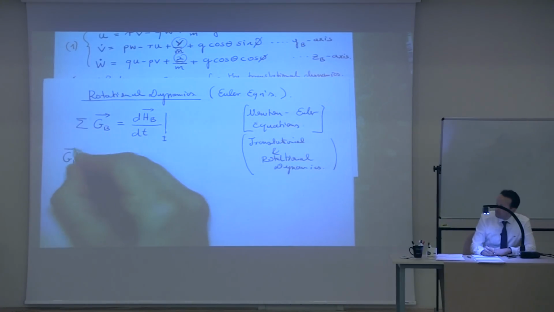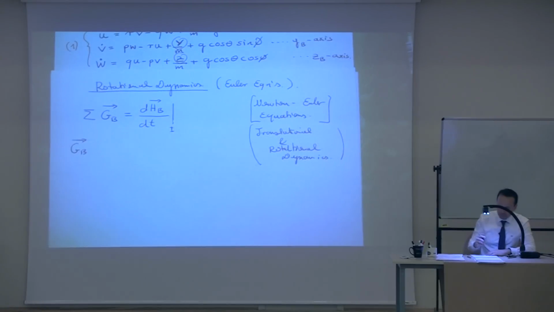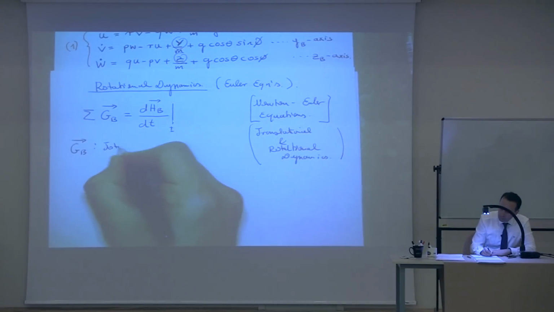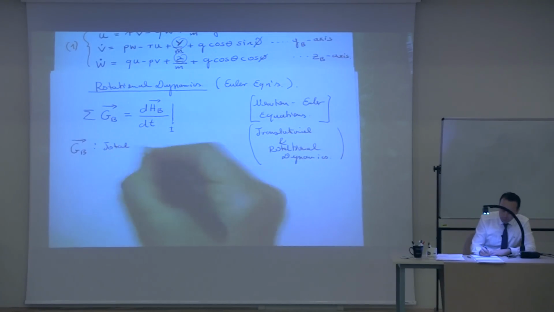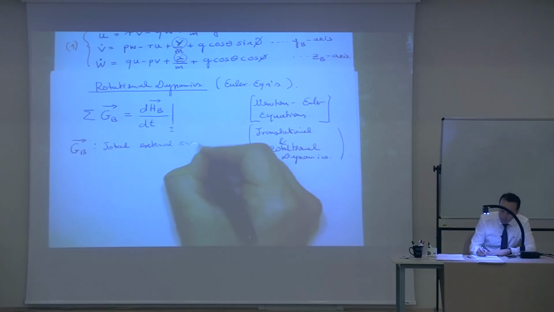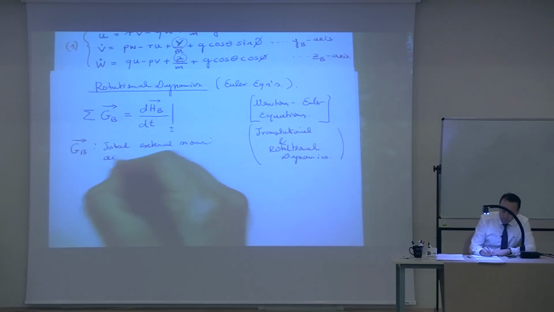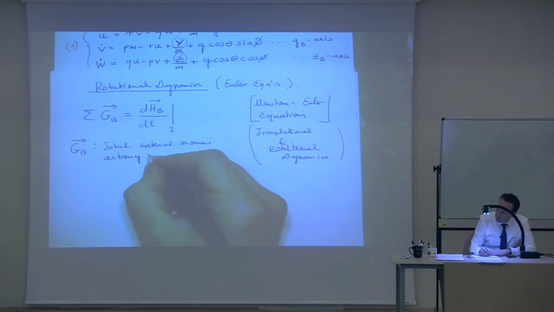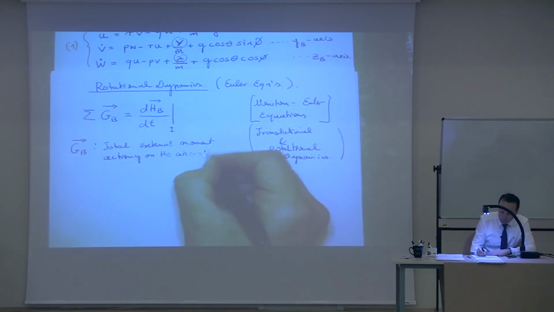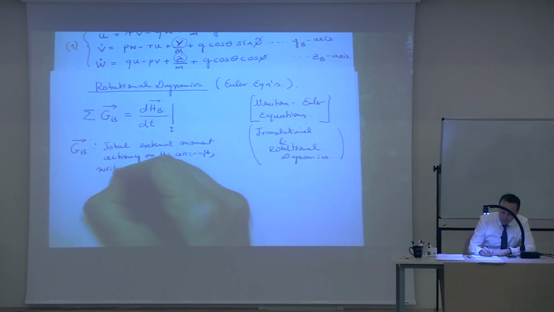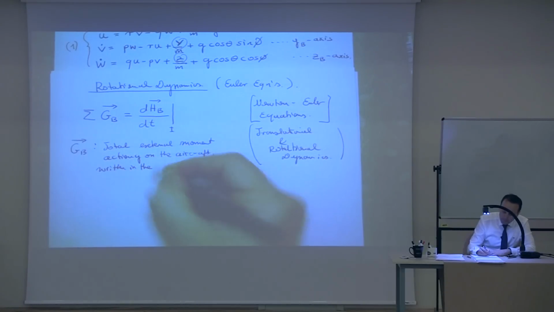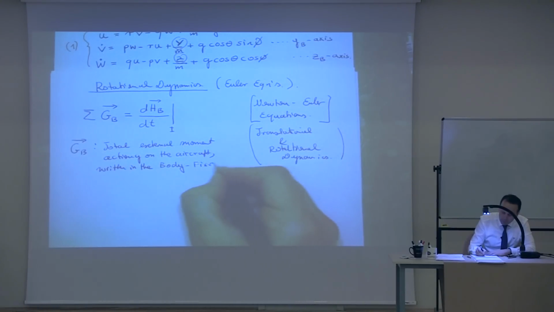GB is the total external moment acting on the aircraft, written in the body fixed axis, body fixed coordinate system.